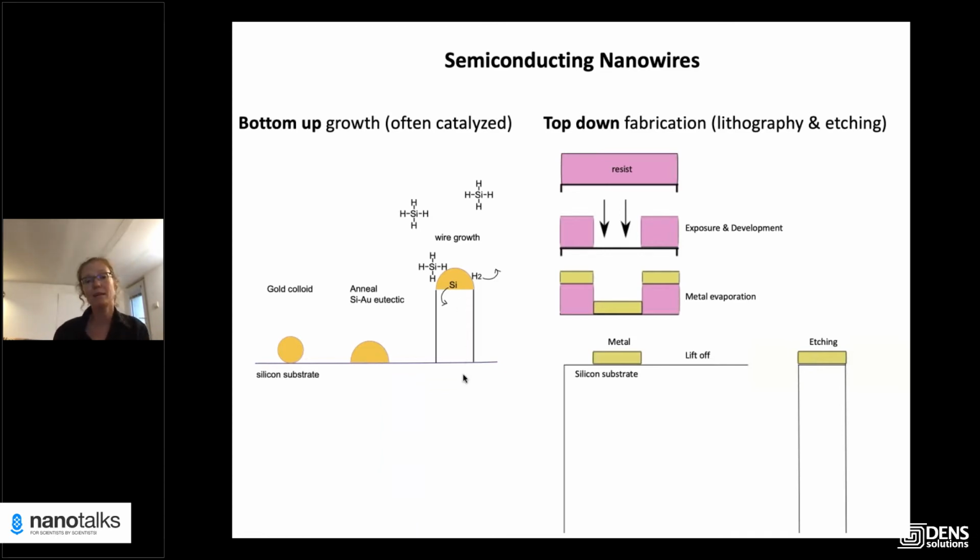We have a second option to make such nanowires, and this is by so-called top-down fabrication. Using lithography and etching methods. So very briefly, you spin a resist on your substrate, and then you use some radiation, for example, photons or electrons, and you expose the resist in some regions, but not everywhere, with the idea to transfer a pattern into your resist.